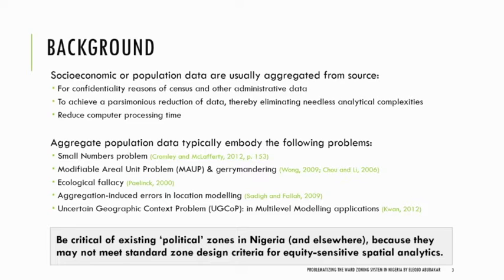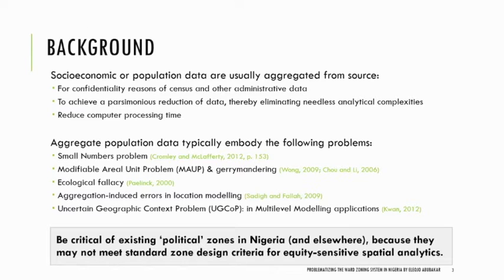But those of us that are into spatial analysis are aware of some of the problems that come with aggregate data. And a lot of the previous speakers in this room have talked about many of them. Especially, they've talked about the modifiable area unit problem, which is associated with gerrymandering.